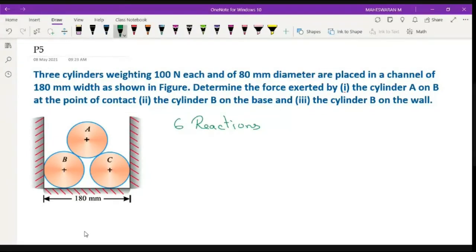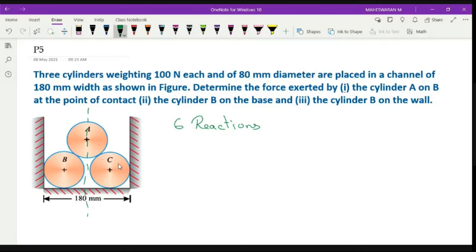When I cut this into 2, you can see that this side and this side are symmetrical. So in a problem like this, you don't need to identify the free body diagram for C, because that will be equal to the other.